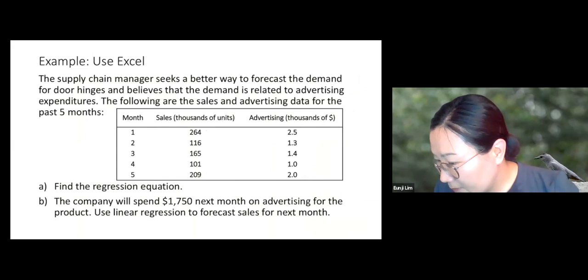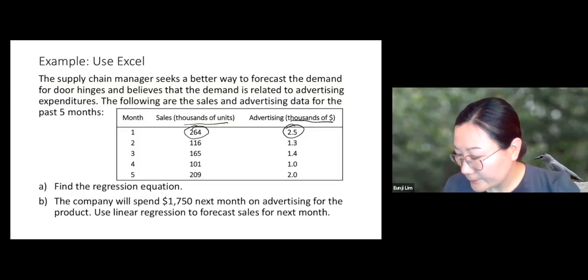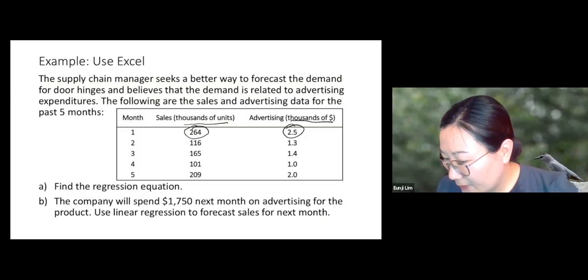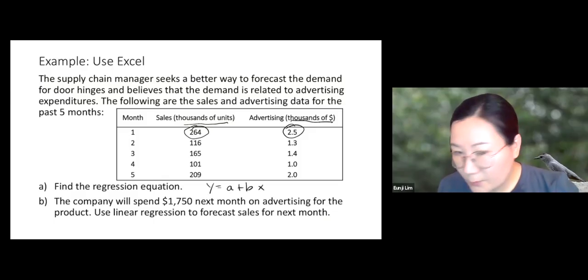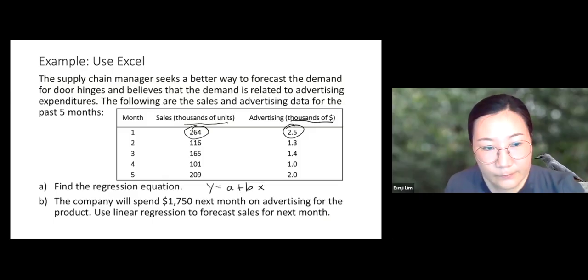So in the first month, the sales were 264,000 units, and the advertising expenditure was $2,500. A, find the regression equation Y equals A plus BX. In this case, which one should be Y and which one should be X?